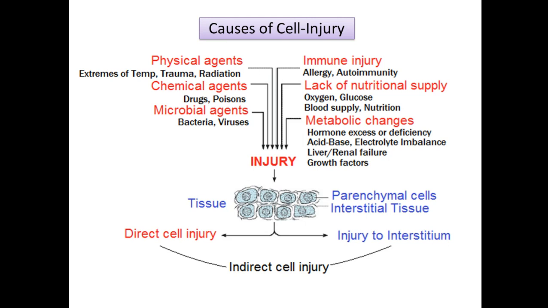So, injury to the interstitium can indirectly cause cell death, because the cell must have an appropriate favorable environment that provides facilitation and support to the cells. If this environment is deranged, what will happen? The cell will indirectly die.